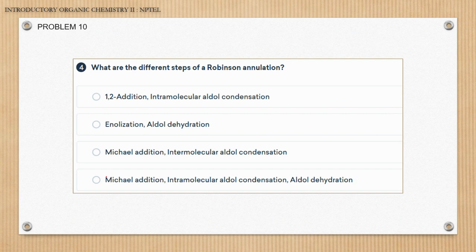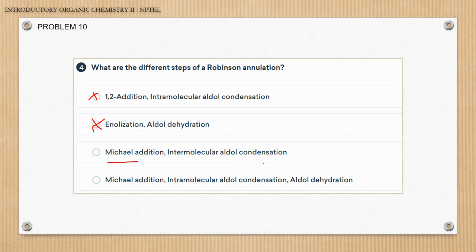So now coming back, the question is asking whether the 1,2 addition takes place. This is not the right answer because we know that 1,4 addition is going to take place, not 1,2. Enolization and aldol dehydration is also not it. Enolization is not the first step. So here in the third option, Michael addition, right? Intermolecular aldol condensation.